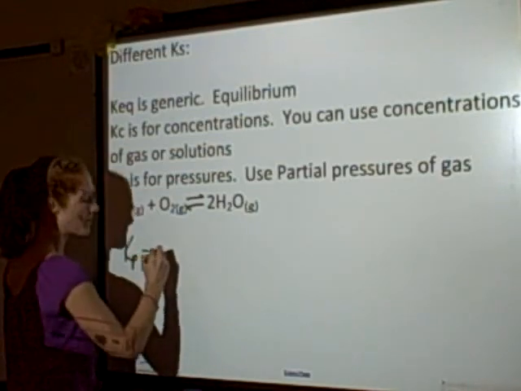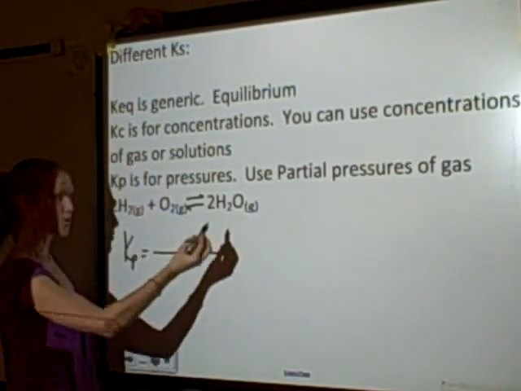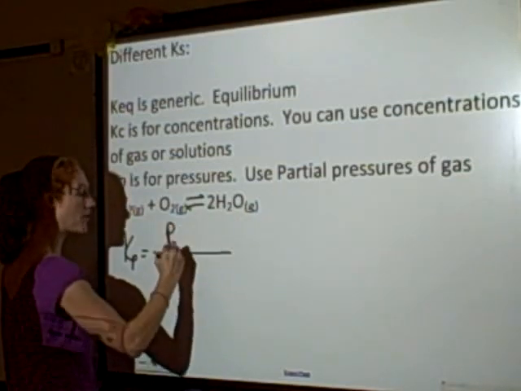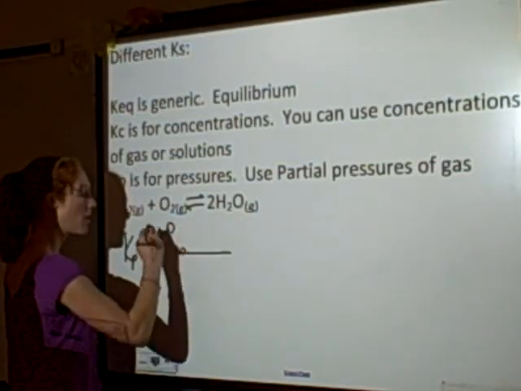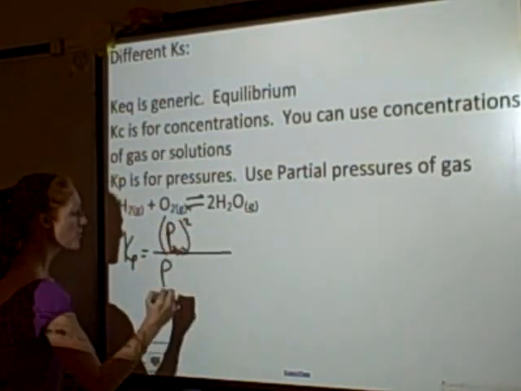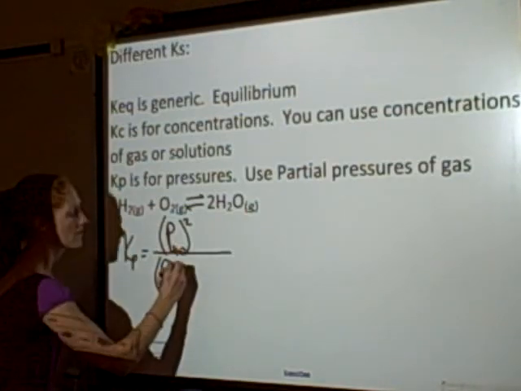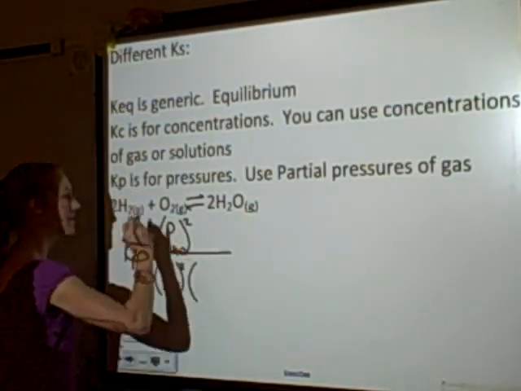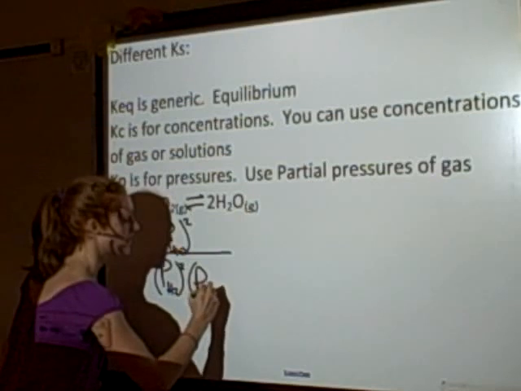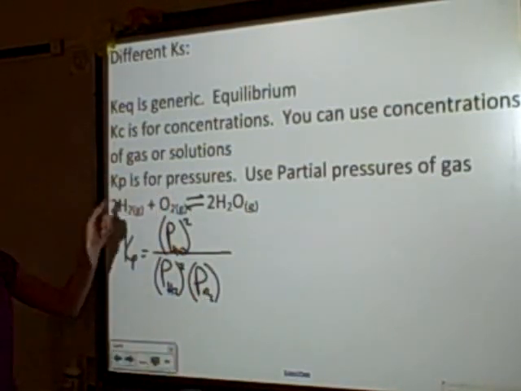Products over reactants raised to their coefficients. I have to use gases. So I'm going to say the partial pressure of water, that's a big P sub H2O, raised to its coefficient, squared, over partial pressure of hydrogen, raised to its coefficient, squared, and partial pressure of oxygen. All right, that'd be the Kp of that equation.